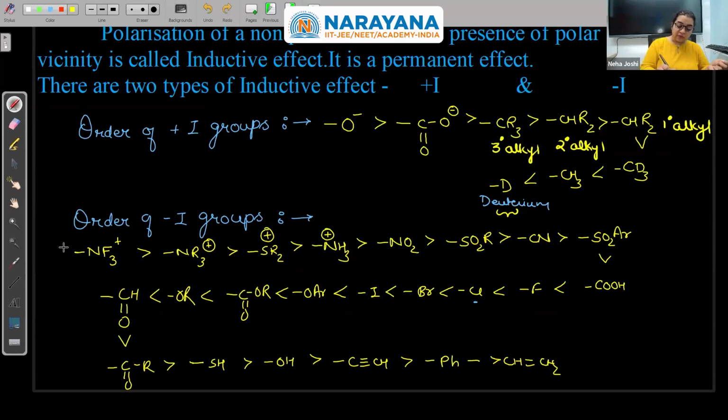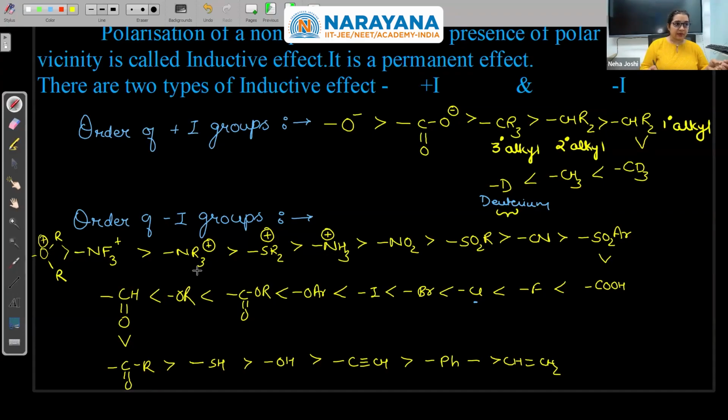If you ever have to compare and you come across something like OR2 plus, then definitely it will be an even stronger minus I group, because an electronegative atom having a formal positive charge is acting as a strong minus I group. Is that clear? Then comes NF3 plus, NR3 plus, then SR2 plus, and then NH3 plus.